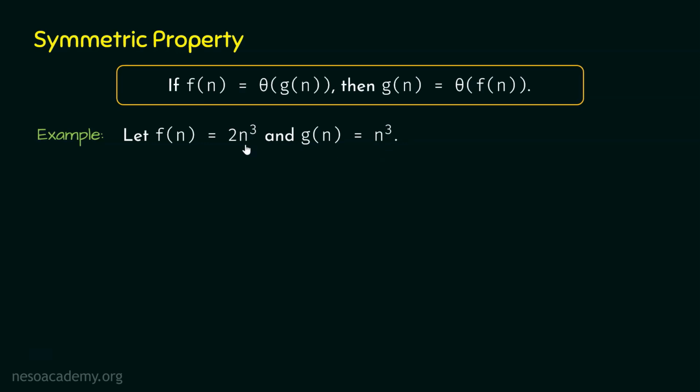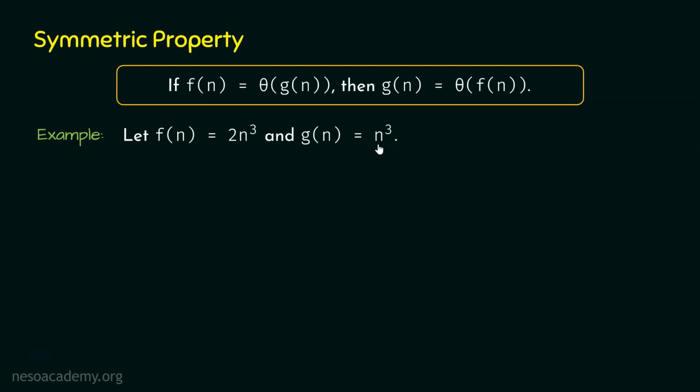This means the powers of n are the same. In this function, n is raised to the power 3, and here also n is raised to the power 3. The difference between these two functions is that n cube is multiplied by 2 in this function, and here n cube is multiplied by 1. Only a constant difference is there, so we can say these functions are asymptotically equal.